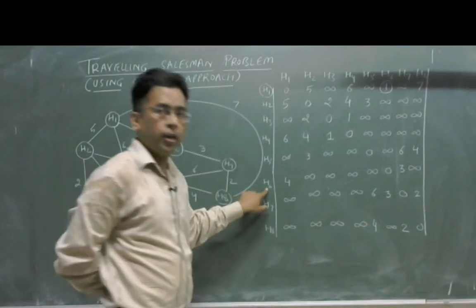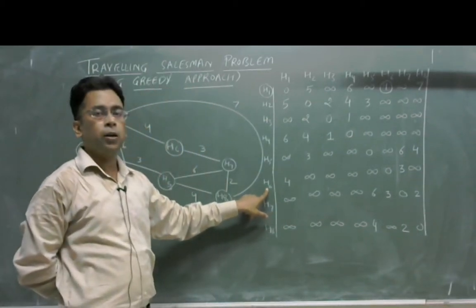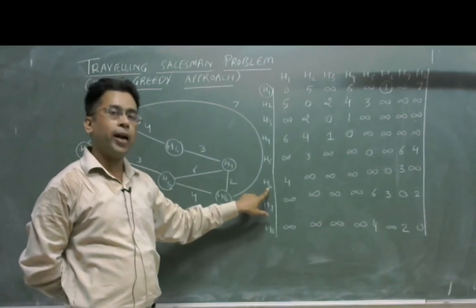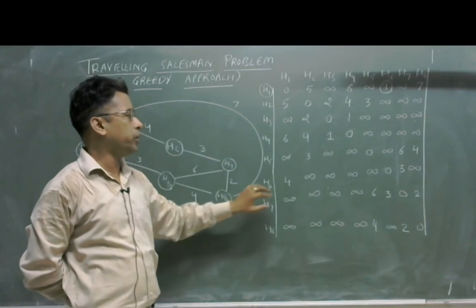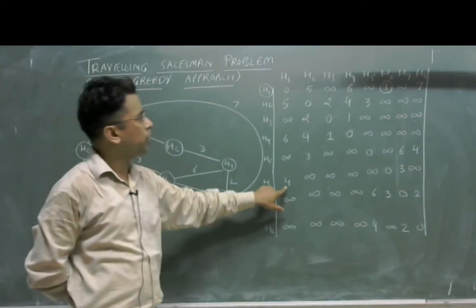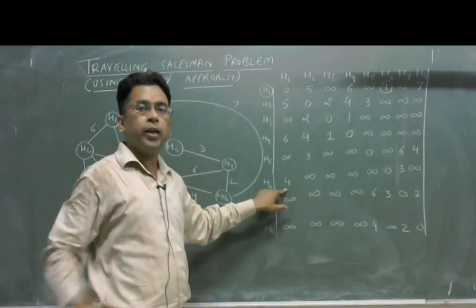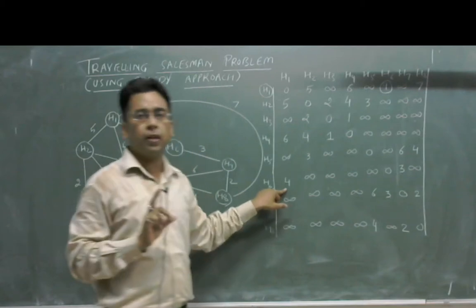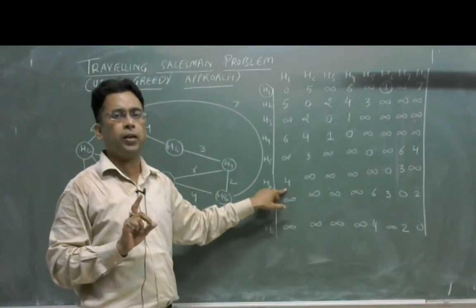find out the node that is connected to it, has not been covered in the last steps, and is at minimum distance. Here H6 is connected with two nodes, H1 and H7, but H1 is already covered. Whenever one node is covered, then that node is not covered again.